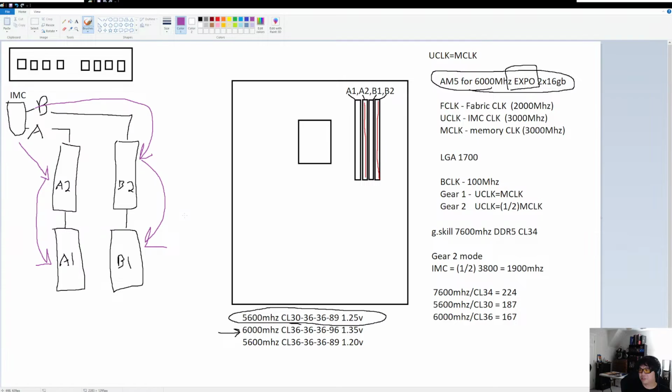Not all 64 is dual rank. Yeah, I know. With DDR4, not all 64 is dual rank. Now DDR5, you might be right, but I haven't heard of any DDR5 RAM that's been manufactured as of yet that, if it is a 32 gig DIMM, is single rank.